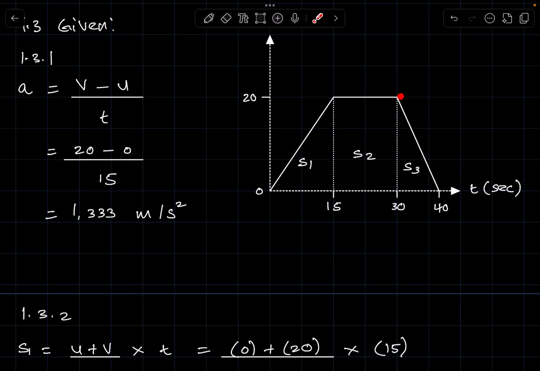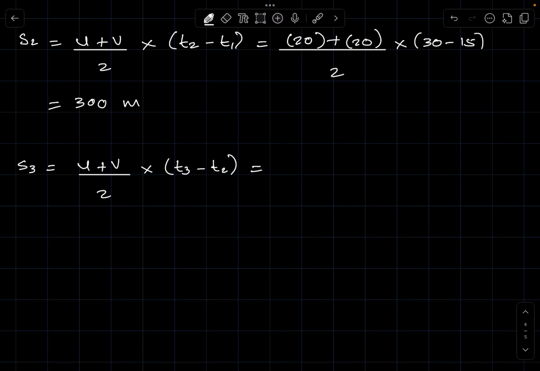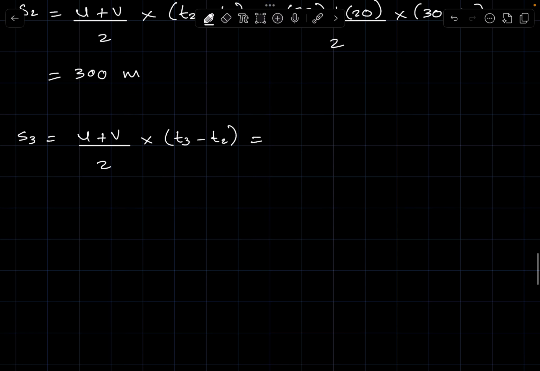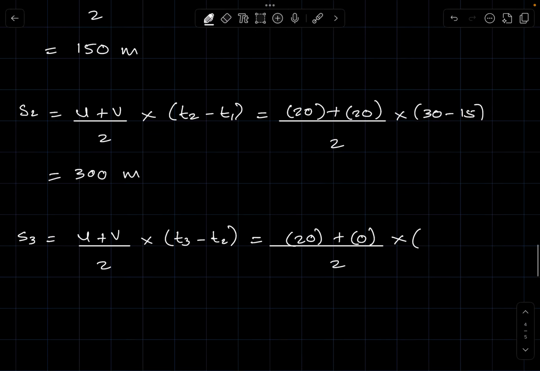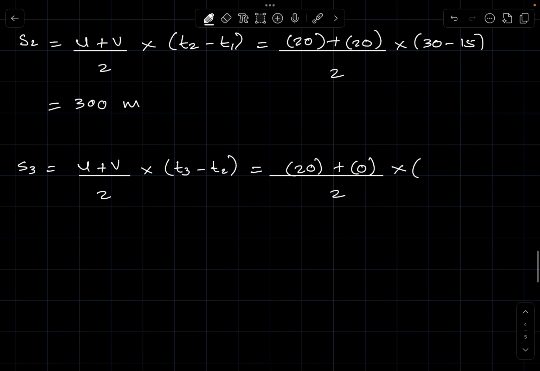That's the initial velocity, it's 20. The final velocity is 0. Remember, the car came to a final stop at that point. So initial velocity is 20, final velocity is 0, divided by 2 times t3, which is 40, minus t2, which is 30.